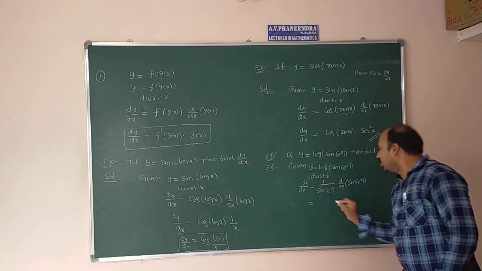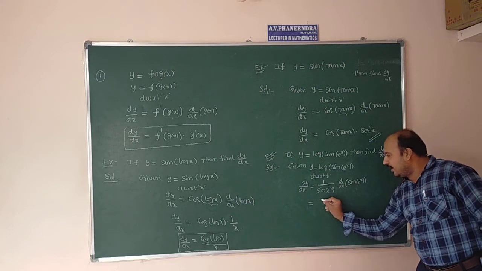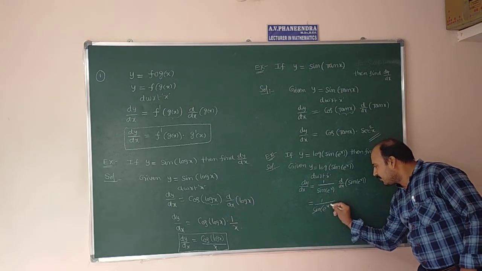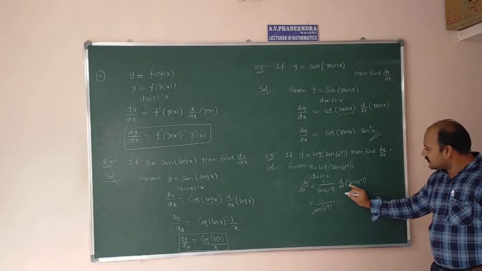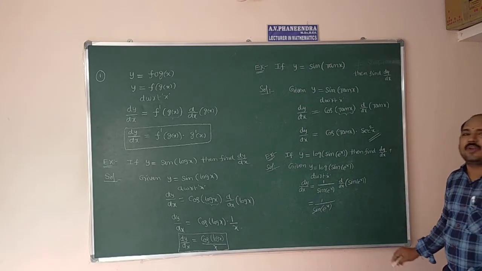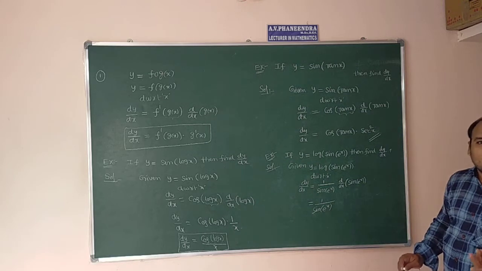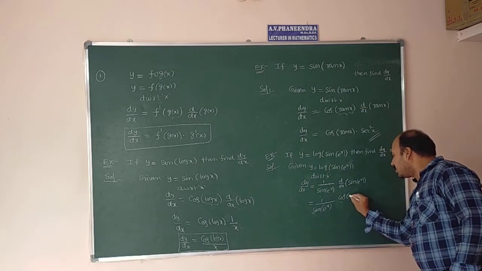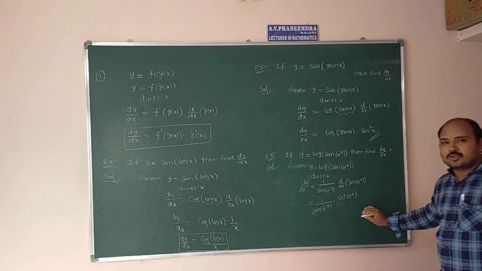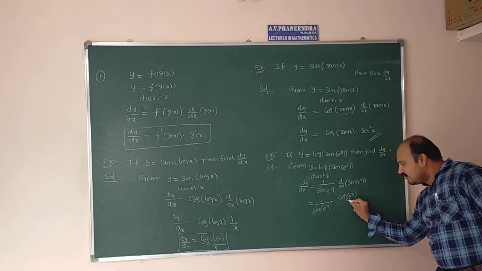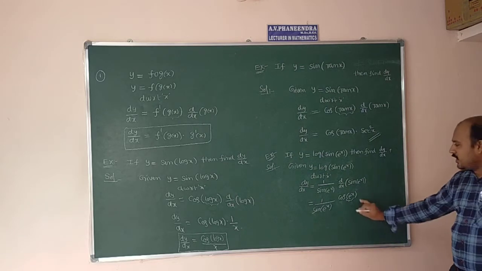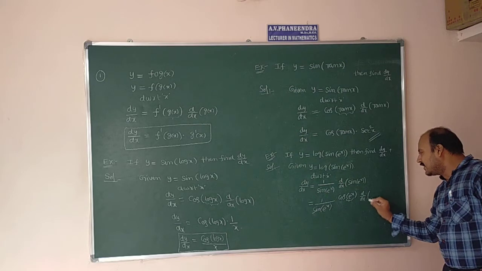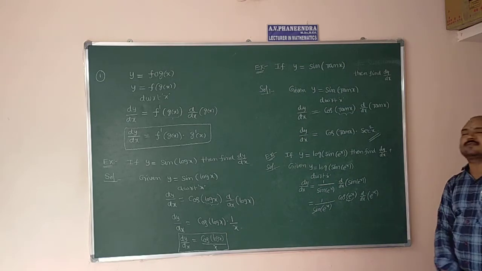So which is equal to 1 by sine of e power x into d by dx of sine of e power x, which is cos of e power x. d by dx of sin x is what? Cos x. So d by dx of sine of e power x is cos of e power x. We cannot stop here. Again, whatever the function is involving in this cos, we have to differentiate. So into d by dx of e power x.